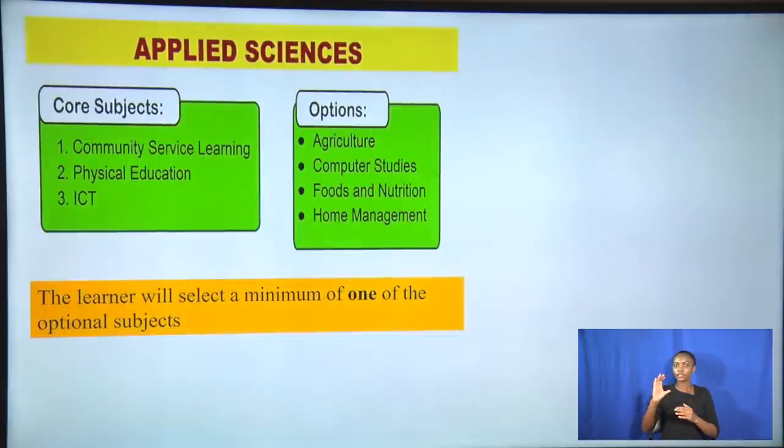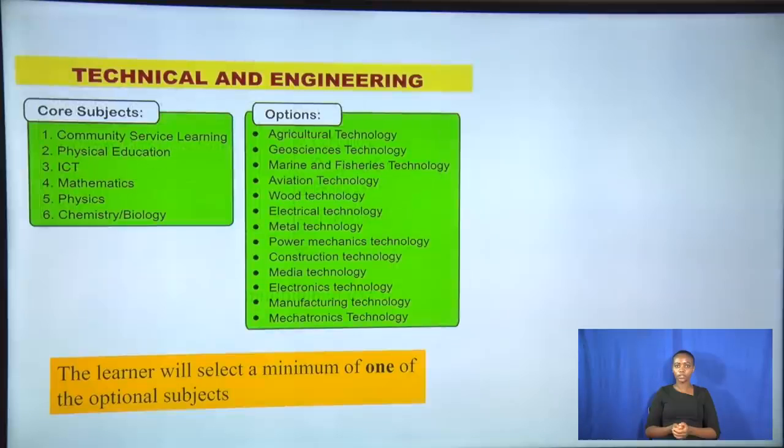The next track within the STEM pathway is the applied sciences. Here they will take the 3 common learning areas: community service learning, health and physical education, ICT. And then they will choose 1 option, that is agriculture, computer studies, food and nutrition, or home management.